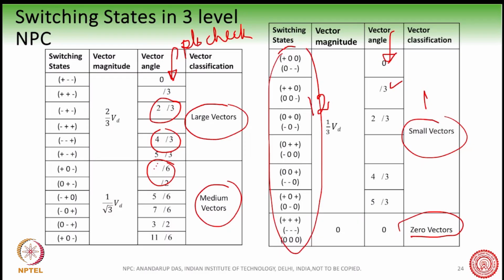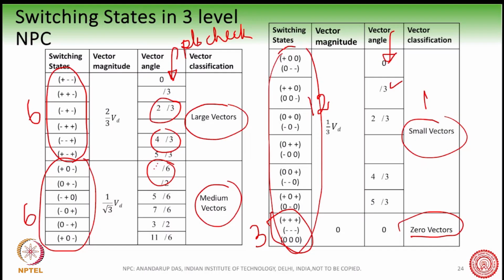For medium vectors you have 6 switching states, and for the large vectors also you have 6 switching states. And of course, you have 3 switching states for the zero vector. So if you add all of them, 6 plus 6 plus 12 plus 3, you get 27 switching states. There are 27 switching states possible for this converter.